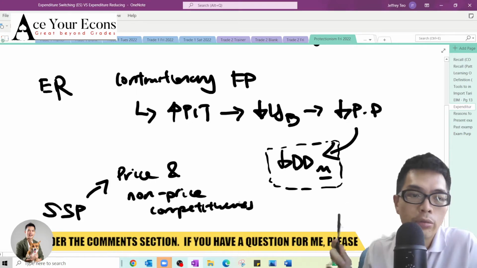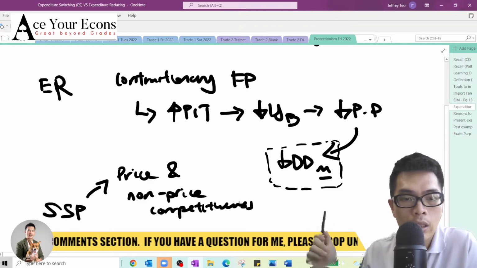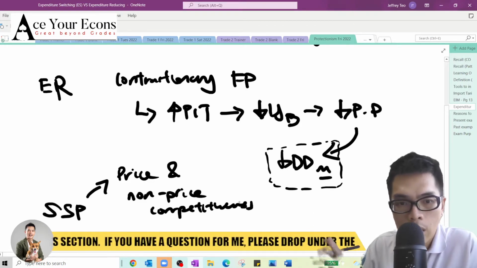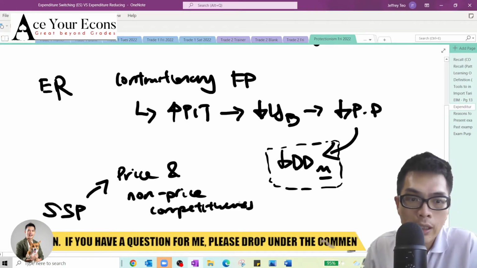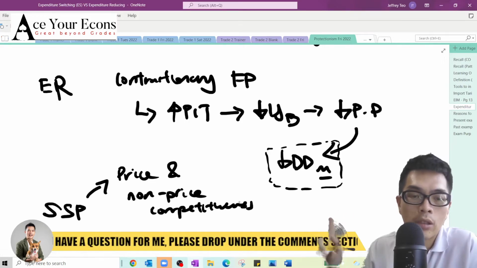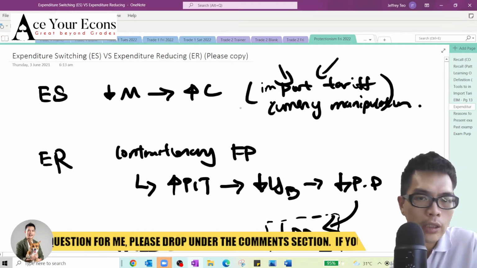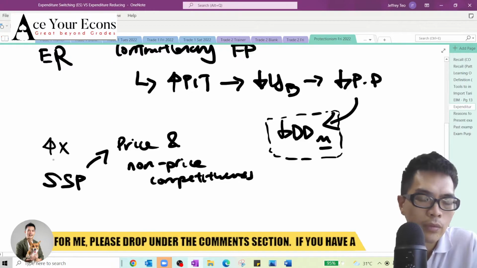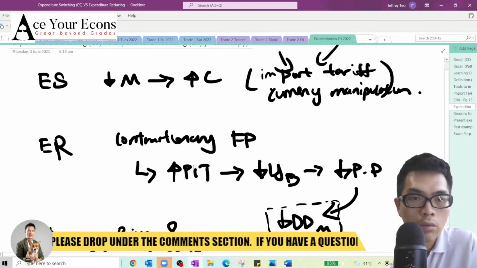So if you're not sure what I'm referring to, refer to the supply side policy part, and quickly scrub through the part on balance of trade, on how supply side policy actually improves your balance of trade through the price and the non-price competitive side. So you realize that the first two are going to lower imports. The last one is going to promote exports. The first two are going to lower your imports.